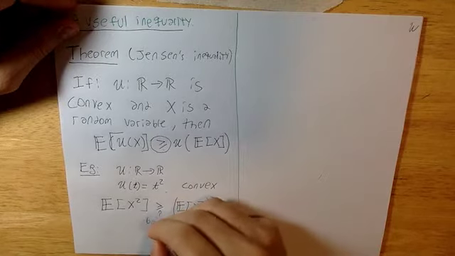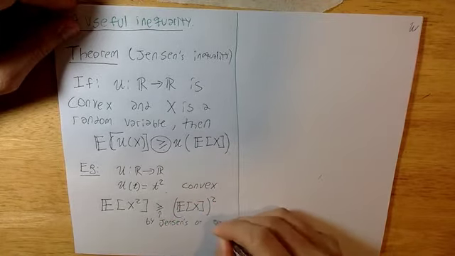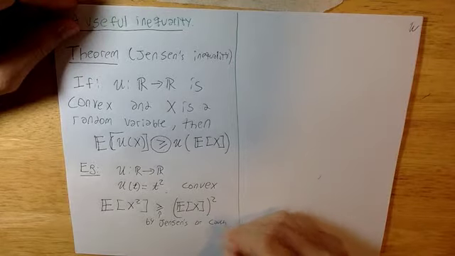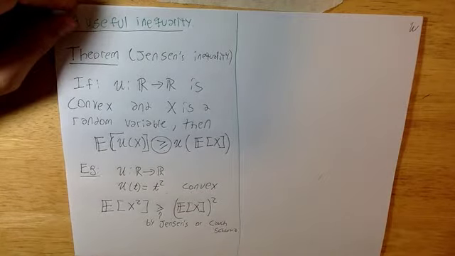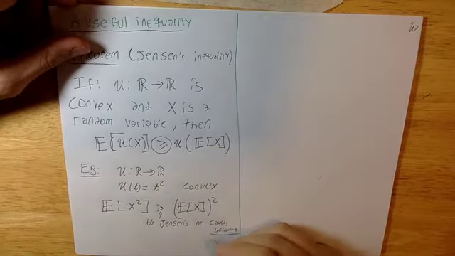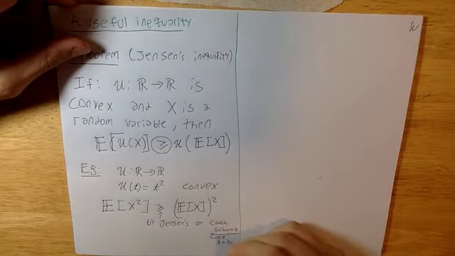This is by Jensen's or Cauchy-Schwarz. Okay, so this is the case. So Cauchy-Schwarz in the case x equals y.